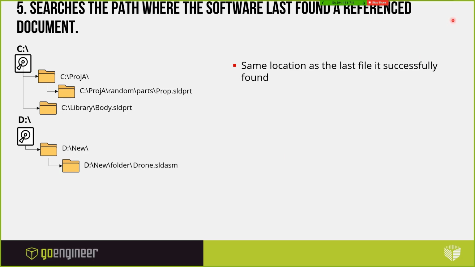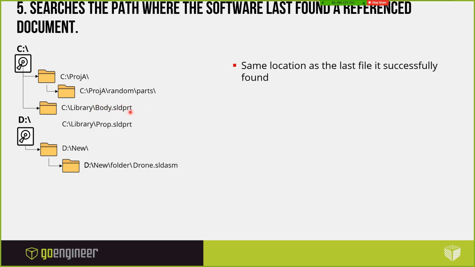Okay, the fifth location that SOLIDWORKS searches for files. It searches the path where the software last found a reference document. What this is saying is that when I opened up this assembly drone, SOLIDWORKS was able to successfully find this file, body.